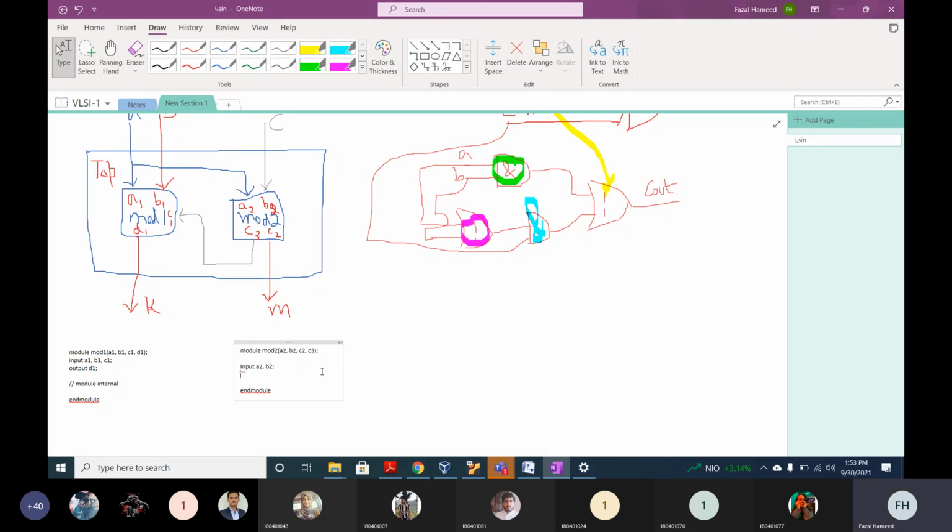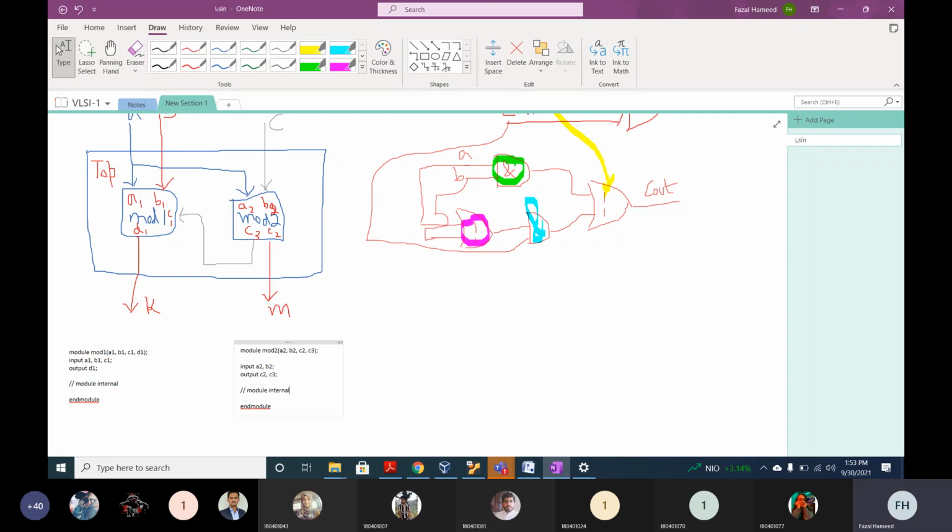What are the outputs? C2 and C3. We are not going to discuss the details of the module internal. Maybe there are some gates or something like that, which are hidden from the designer.